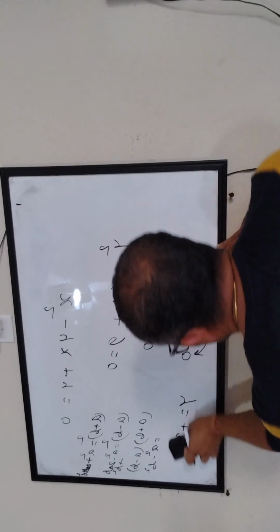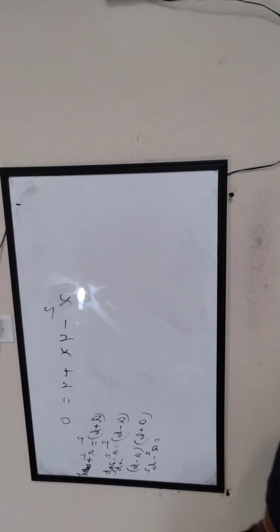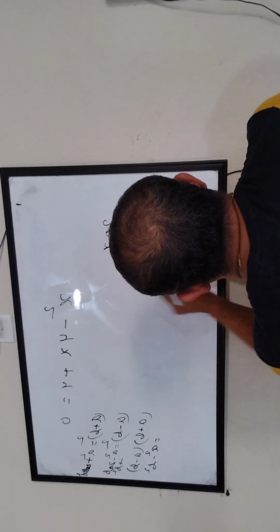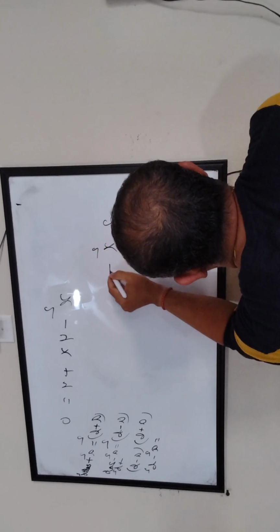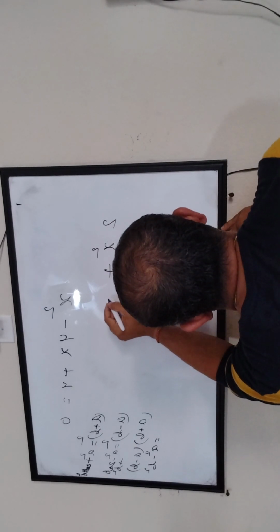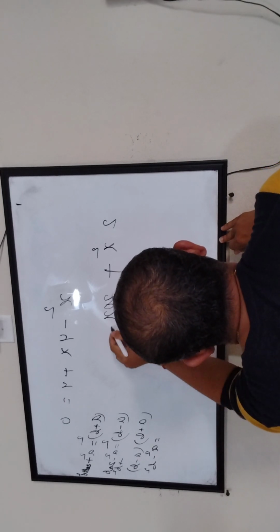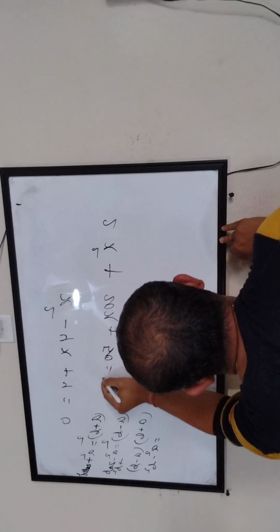Now, if I add some twist to it and say 2x squared plus 20x plus 50 equals 0.